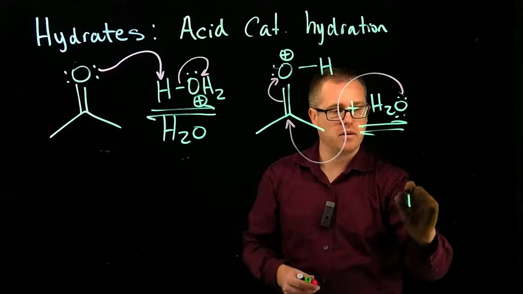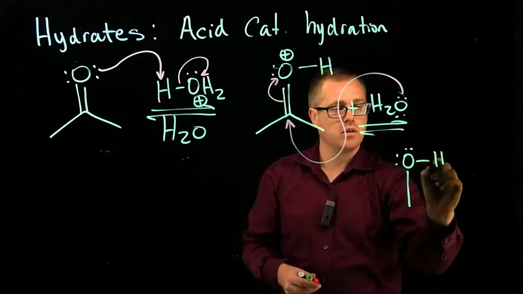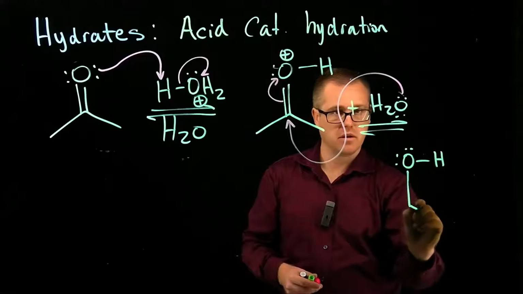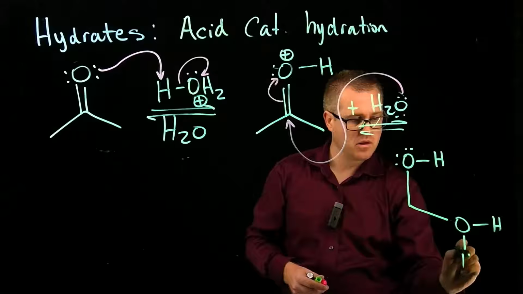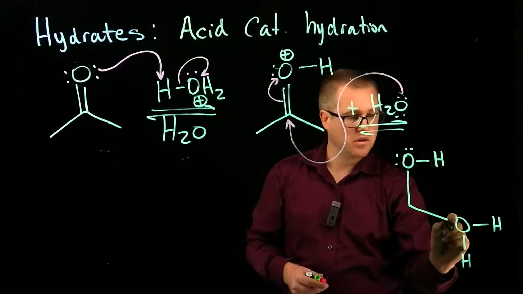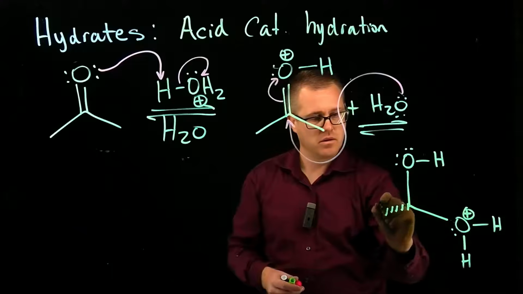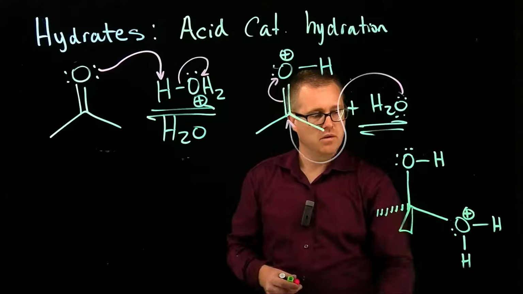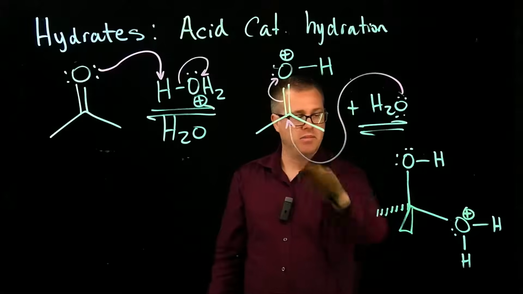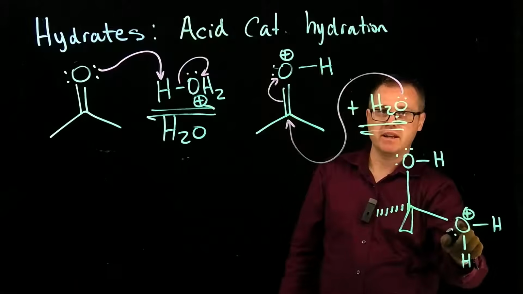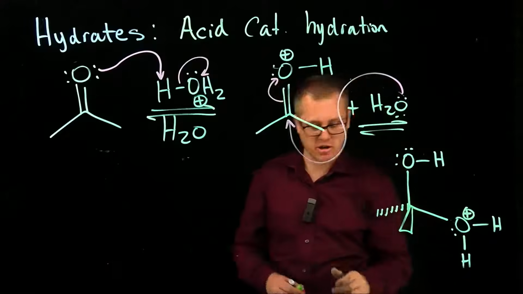We have OH. So the water comes in and attacks the carbonyl compound. There's our water. Now we see an oxygen with 3 bonds, so that means it has to be a positively charged species.